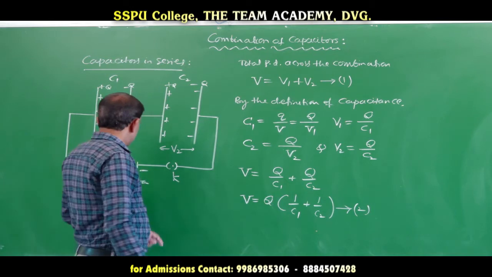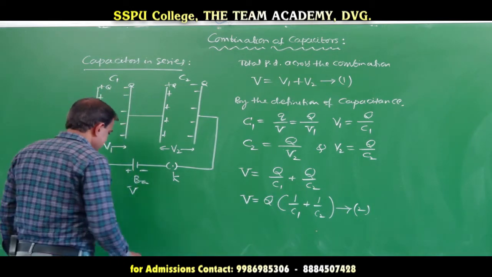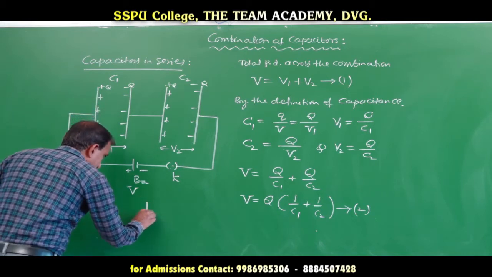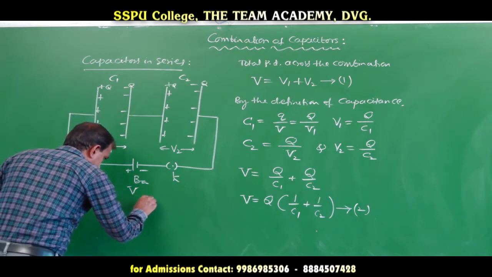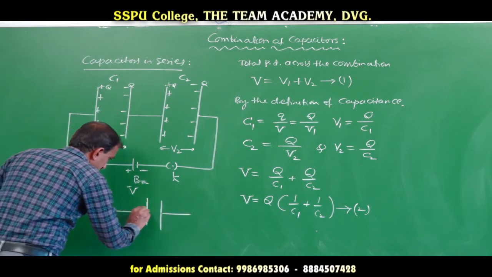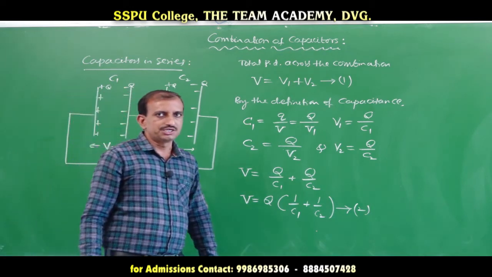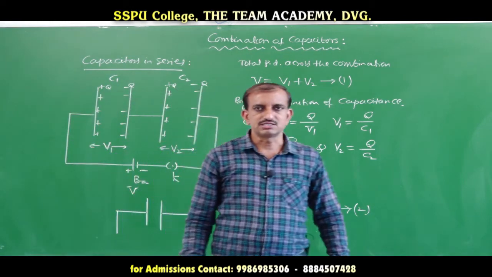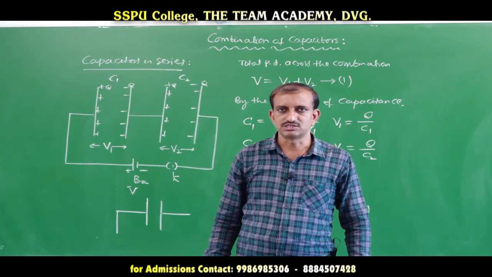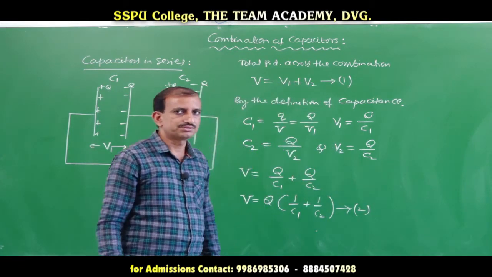Now this whole combination can be replaced by a single capacitor known as the effective capacitor. The effective capacitor is the capacitor which produces the same effect as that produced by the combination of capacitors.